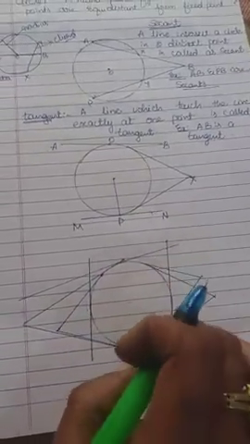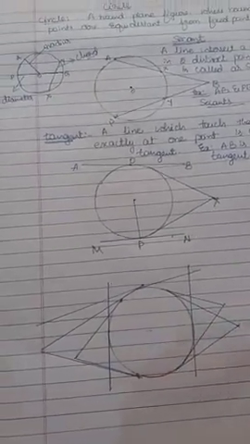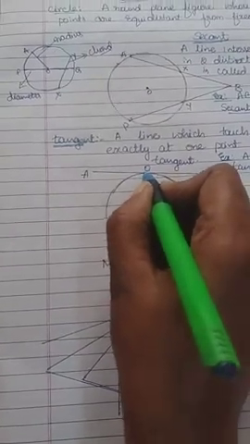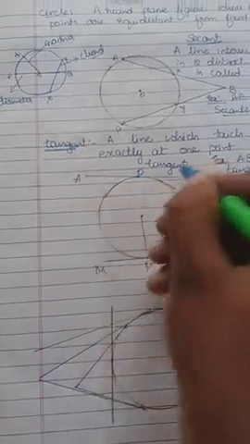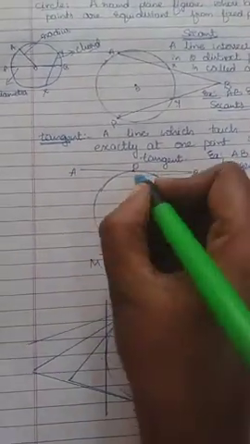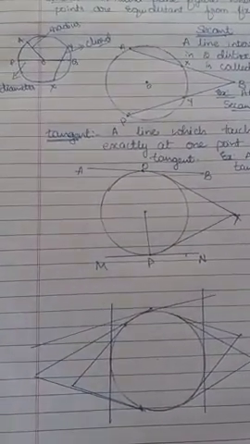That is very important. The point at which the tangent touches the circle is called the point of contact. Taking an example here, O is a point of contact.